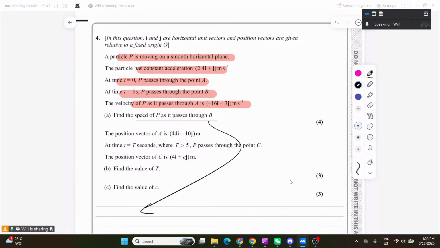Think about how to solve the speed when it passes through B. Think about it and tell me.